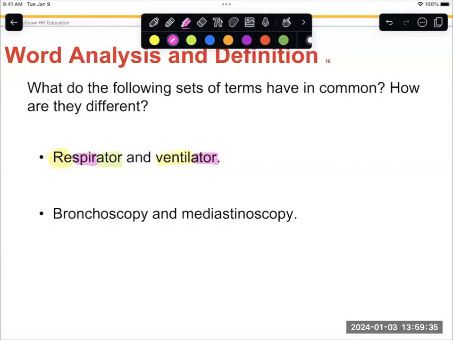Bronchoscopy and mediastinoscopy are both visual examinations using an endoscope, so a little camera going down. Bronchoscopy is the visualization of that bronchial tree, while that mediastinoscopy visualizes that space between the lungs.